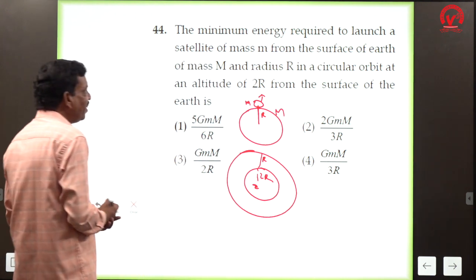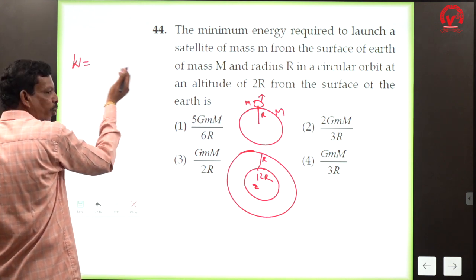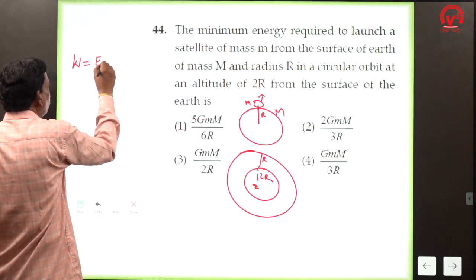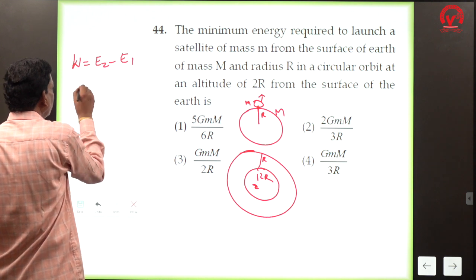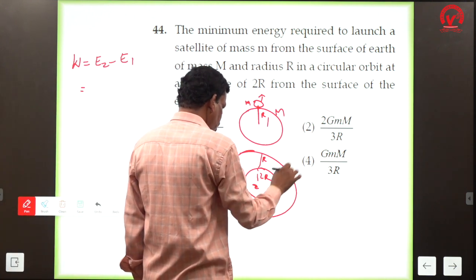Here energy is nothing but work done, in the form of potential energy, that is E2 minus E1. Here we take R1, here R2.